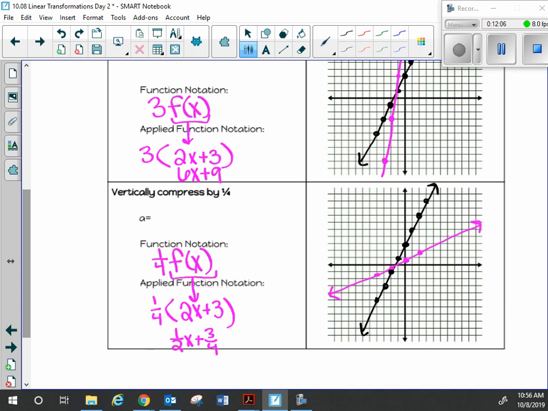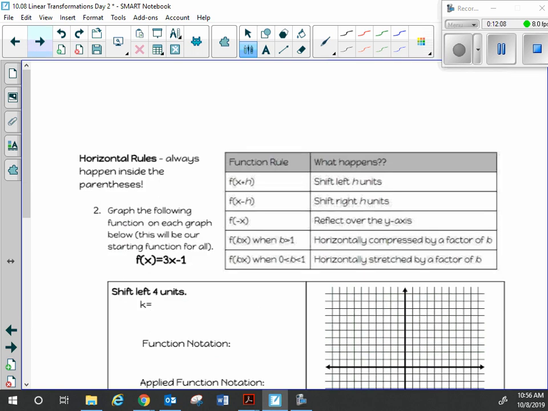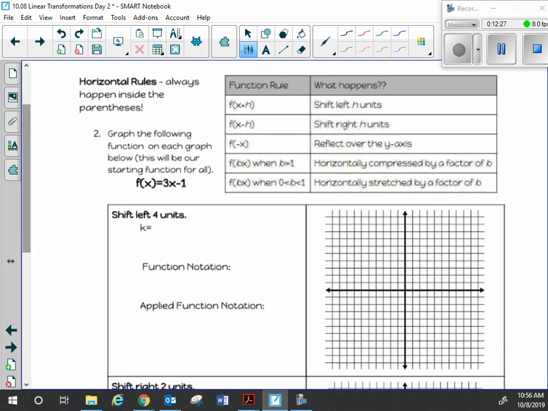So when we flip over to horizontal, now I'm changing gears a little bit, because when I think about the axis that's horizontal, I'm looking at x, right? Everything's happening directly to x inside your parentheses. So we're going to start with a different function this time. We're going to start with 3x minus 1.